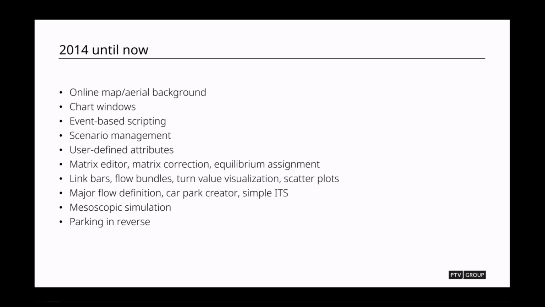You might know them if you do, for example, car park modeling, or the new simple ITS controllers. And the last big developments maybe, or the last two things, were mesoscopic simulation and parking in reverse, which has basically only finished now in the new version.